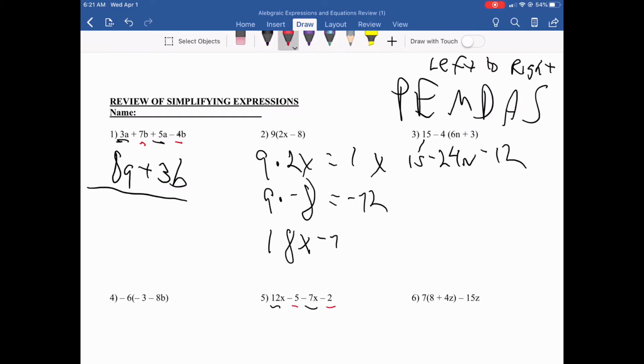Now we're going to combine the like terms. 15 and negative 12 equals 3. Take away 24n.